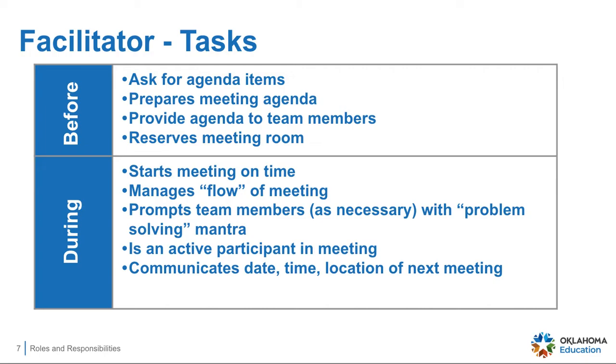If it does not, the facilitator will prompt team members as necessary with the problem-solving mantra, which is, be problem solvers, not problem admirers. They are, like everyone, an active participant in the meeting, and at the end of the meeting, the facilitator communicates the date, time, and location of the next meeting.